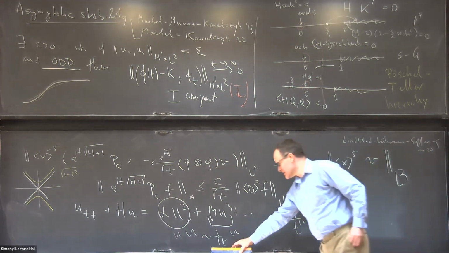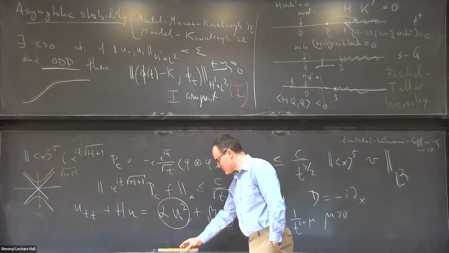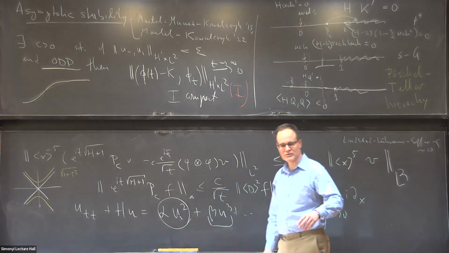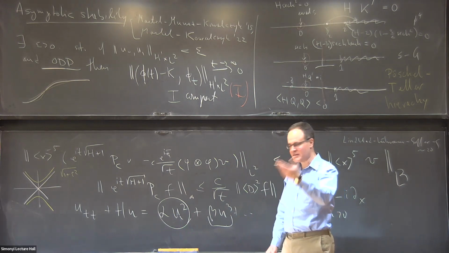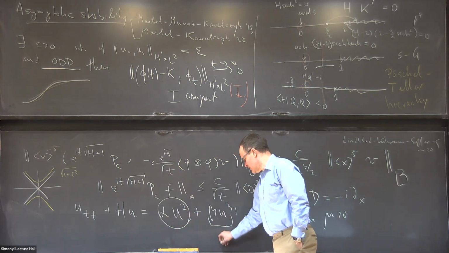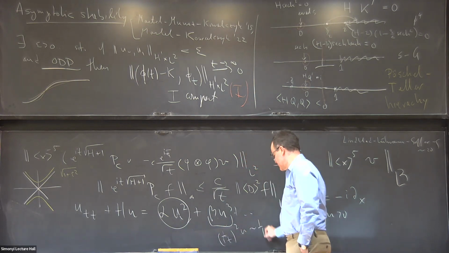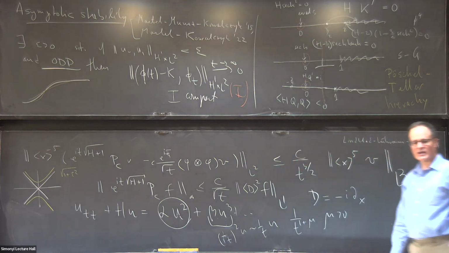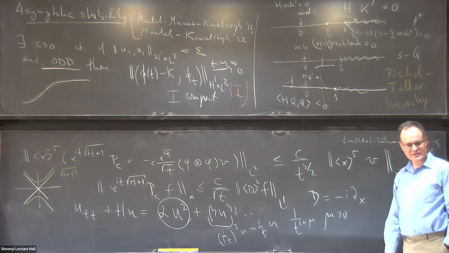But with something like this, this is a big problem. Ideally, you can use normal forms to convert it to a cubic nonlinearity, and this is what happens for sine-Gordon. But here, if you write this in the form 1 over root t squared times u, then you have a 1 over t potential that you cannot remove by normal forms. Because of the logs, you get a logarithmic phase correction coming from here.